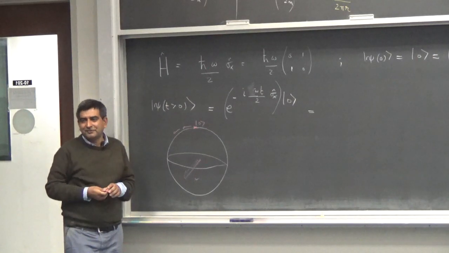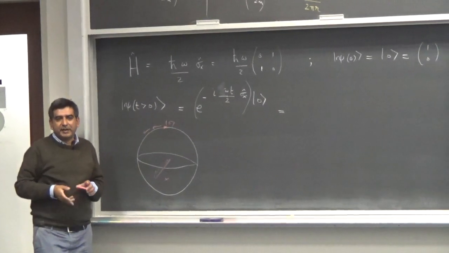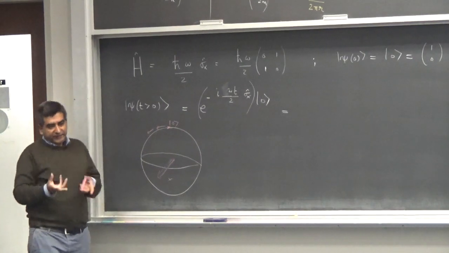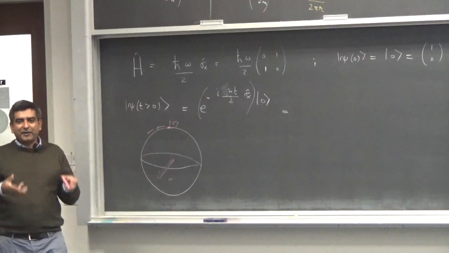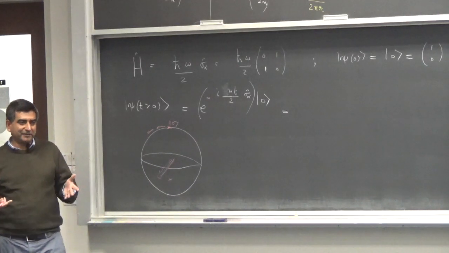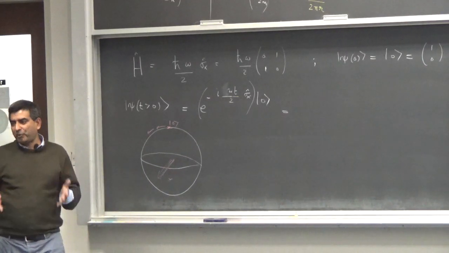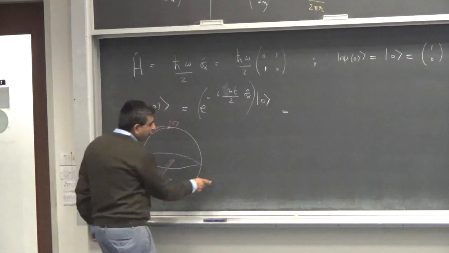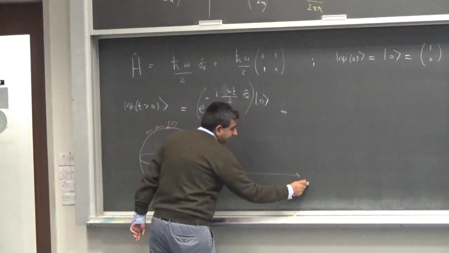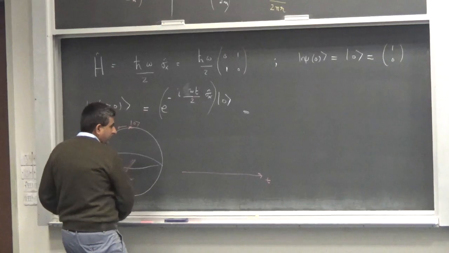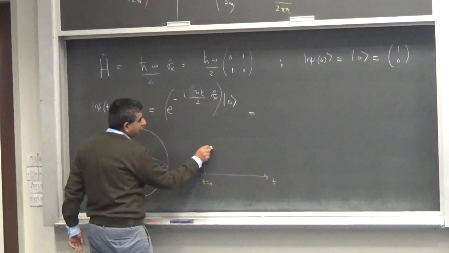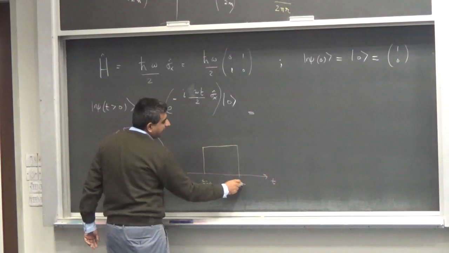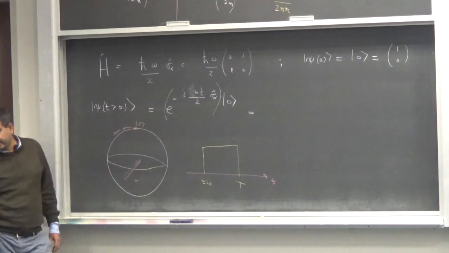So how much does it rotate? Omega t. Omega is fixed because the magnetic field is fixed. It depends upon when you are measuring, when you stop your magnetic field, and what your end point is. If I were to draw the magnetic field as a function of time, it starts off at t equals 0, continues until time capital T, and then switches off again.